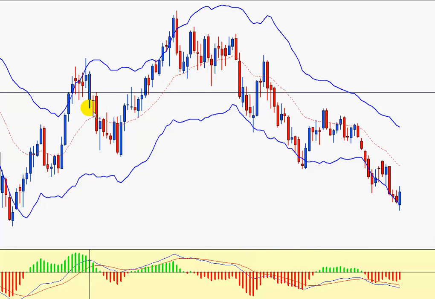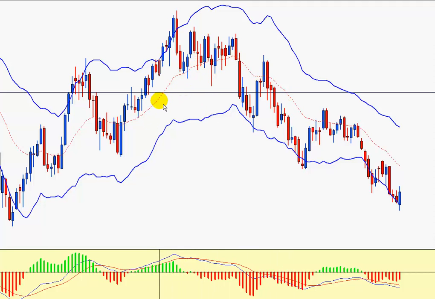I've applied the Keltner channel tool to this chart because it's very useful for checking whether a price bar is a deviation or two away from the mean, which would be the center of this band.